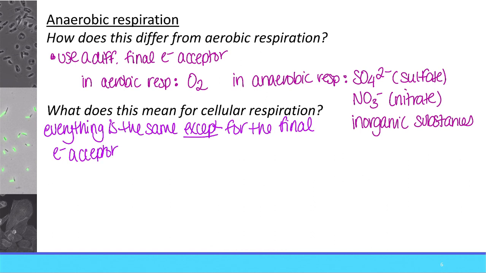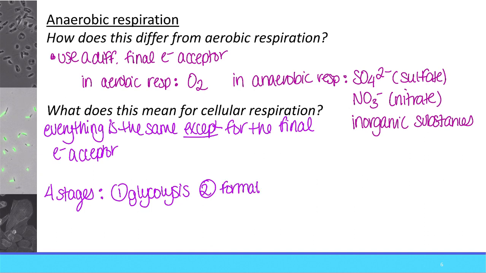So what that means is we still have 4 stages. Stage 1, still glycolysis. Recall when we first talked about glycolysis, we said that glycolysis is an anaerobic process. It doesn't require oxygen. So in anaerobic respiration, that can happen because we don't need oxygen for that step. We still have formation of acetyl-CoA, and again, we don't need oxygen for that step.